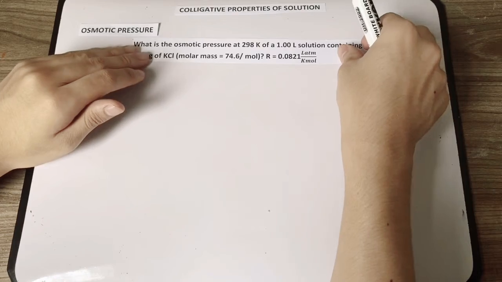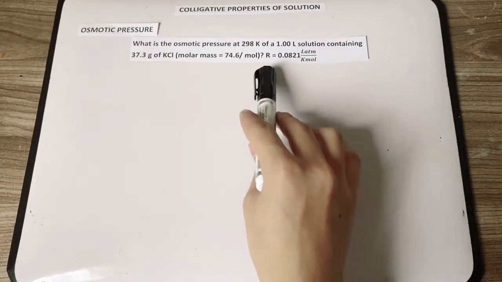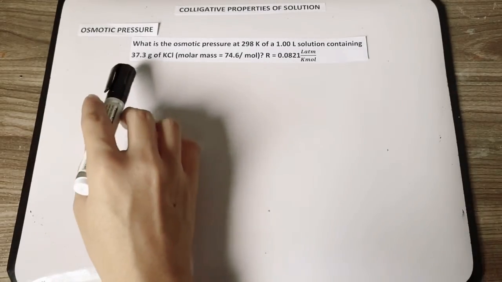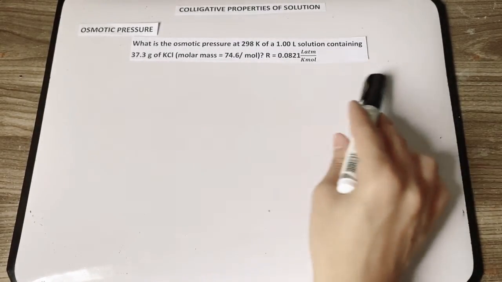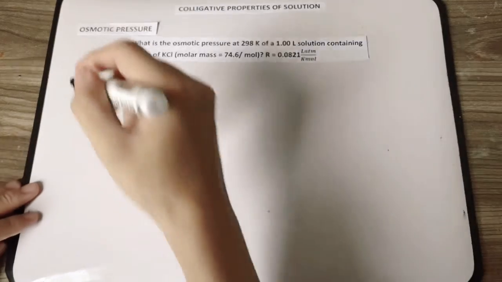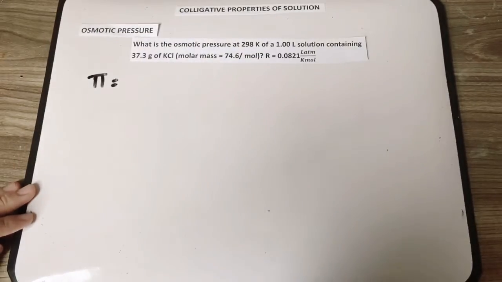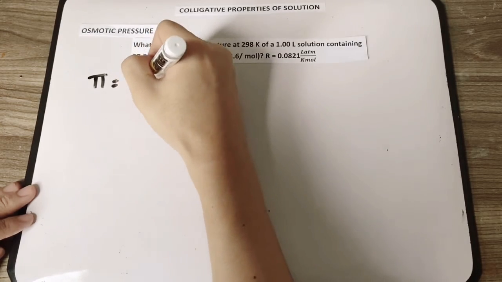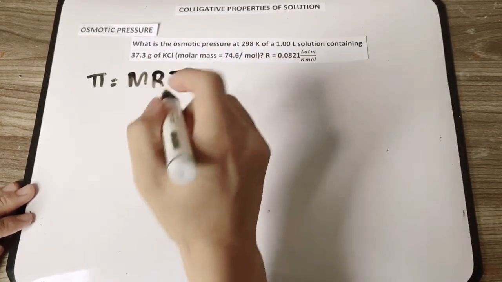So with our problem, what is the osmotic pressure at 298 Kelvin of a 1 liter solution containing 37.3 grams of potassium chloride with molar mass of 74.6 grams per mole, with gas constant 0.0821 liter atmosphere per mole Kelvin.